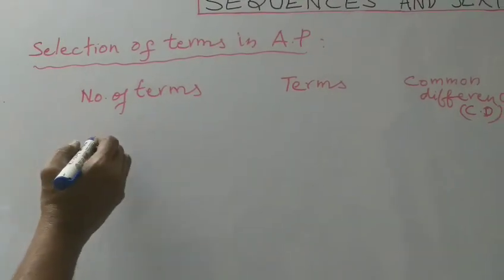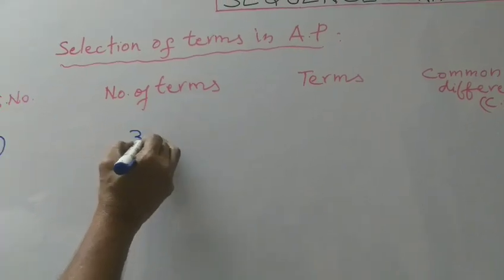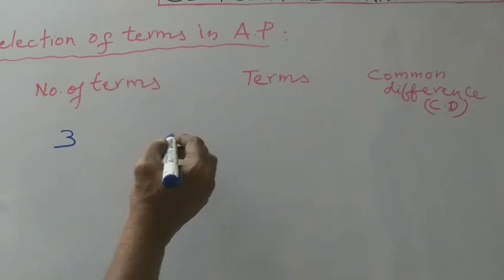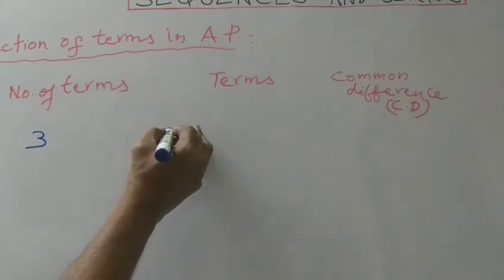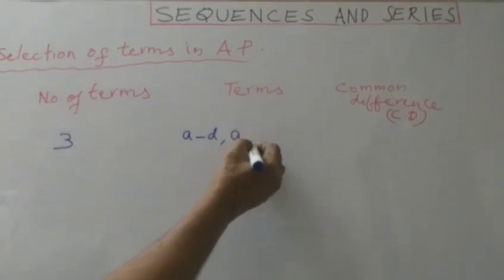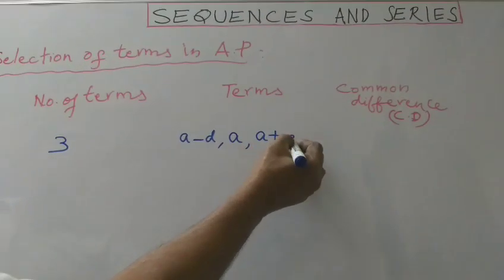First one is 3 terms. Number of terms 3. What are they? They are a minus d, a, a plus d.